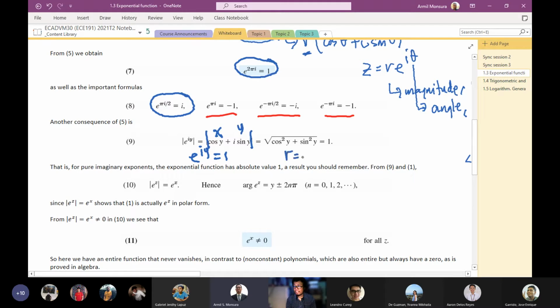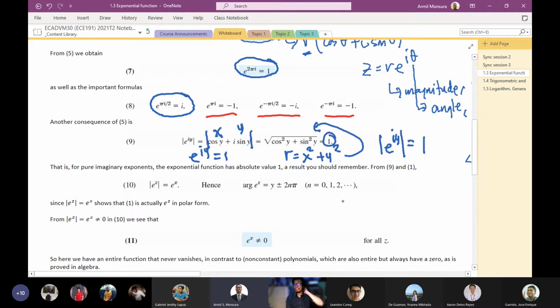So therefore, if you're looking for r, that is the square root of x squared plus y squared. Since x is cosine y and y is sine y, and if you evaluate cosine squared y plus sine squared y, that's equal to 1. So the square root of 1 is 1. That is why yung magnitude ng e raised to iy is equal to 1.